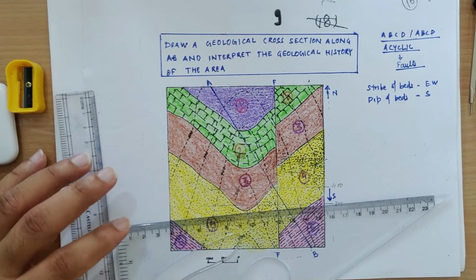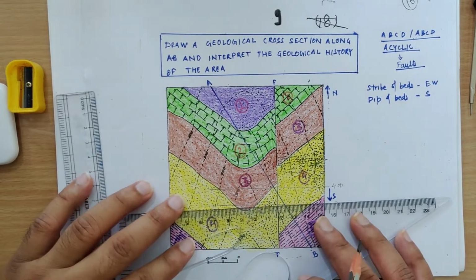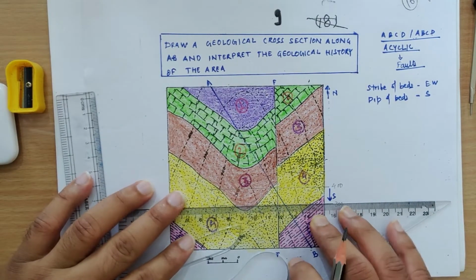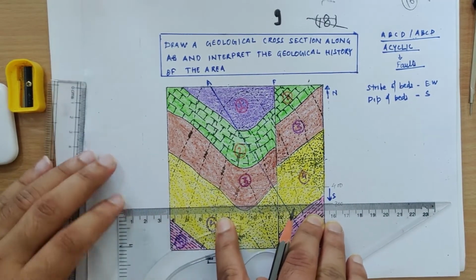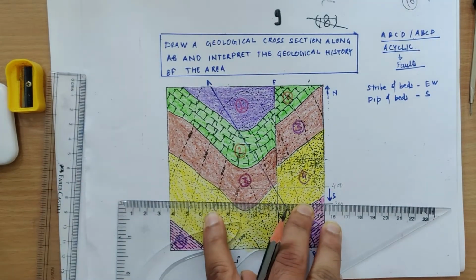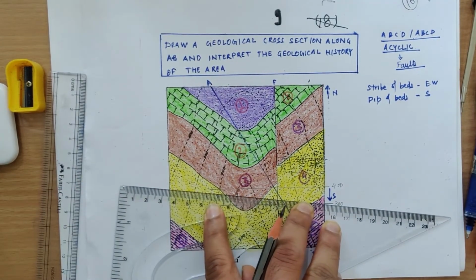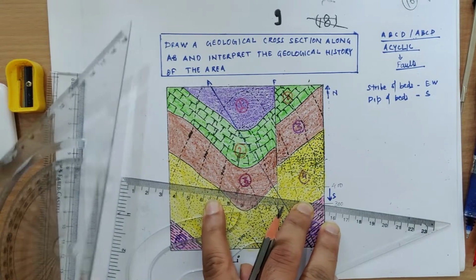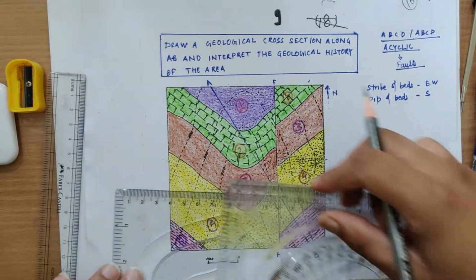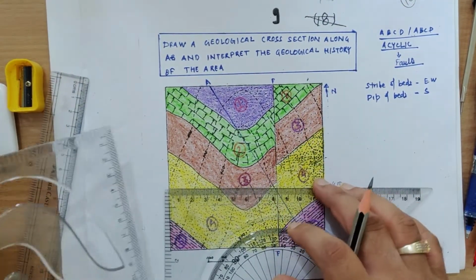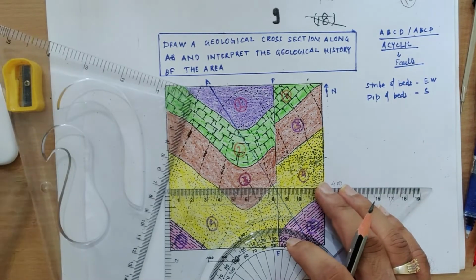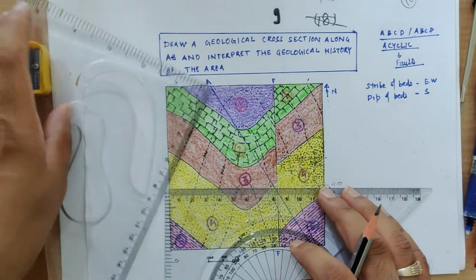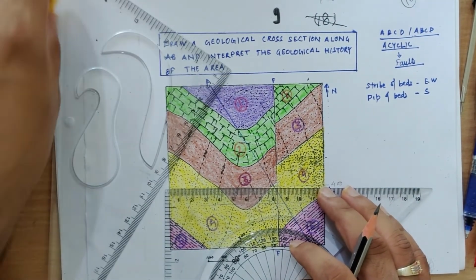So here we have to keep our line parallel to the earlier strike line. Now let's take some more set squares in order to draw the parallel lines.